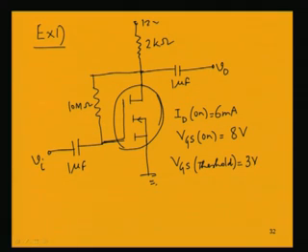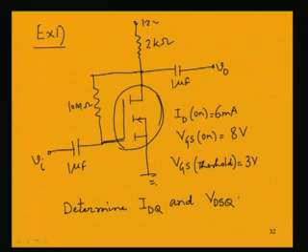You are to determine the operating point, that is, you have to find out the DC drain current and the drain to source voltage for the Q point.